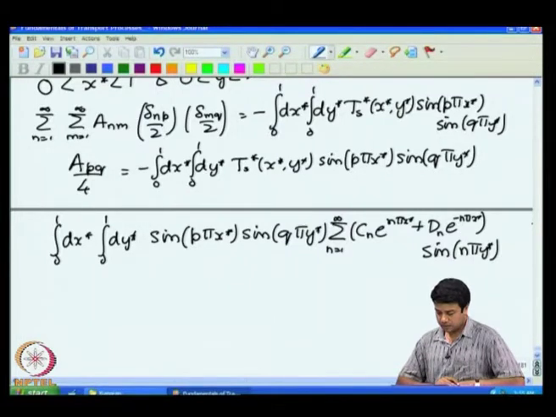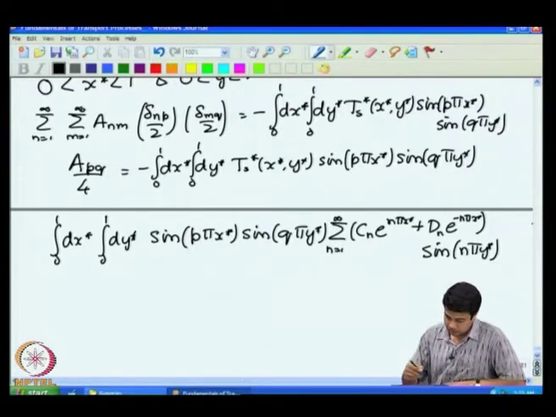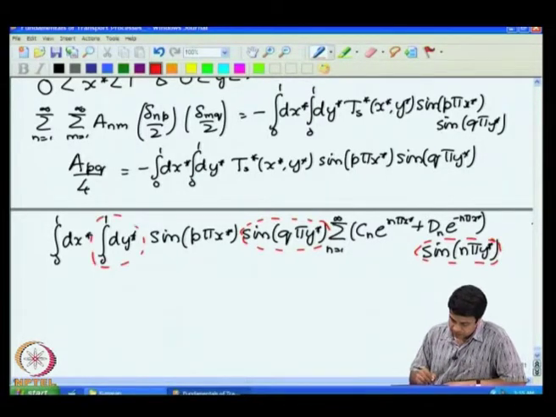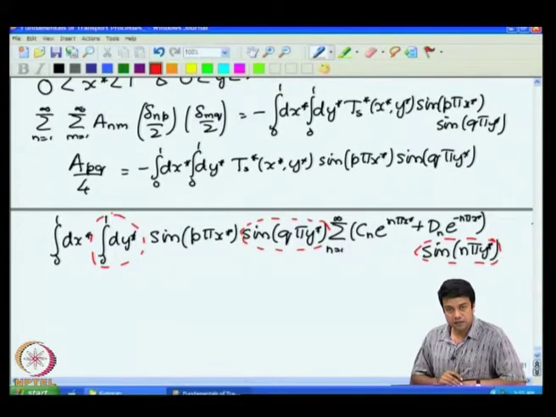Now, sine n pi y times sine q pi y will be equal to delta n q by 2. Okay. So, this product of these two, this one times this one integrated over y, is just the old orthogonality relation that I had.